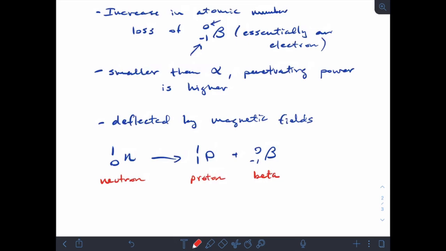So we start out with a neutron that has no charge, and we convert into a proton that is positively charged plus a beta particle which is negatively charged.